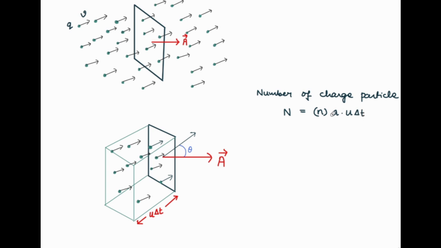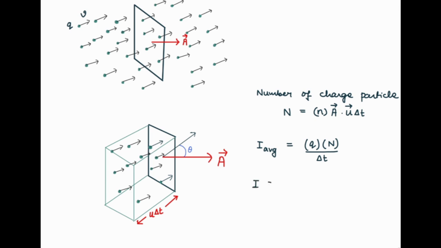So for area we are using capital A. So we are writing it as n into A vector dot u delta t. Now if we write the expression for the average current passing through this area, each charge has a charge q and the total number of charges N passes through an area A in time interval delta t.